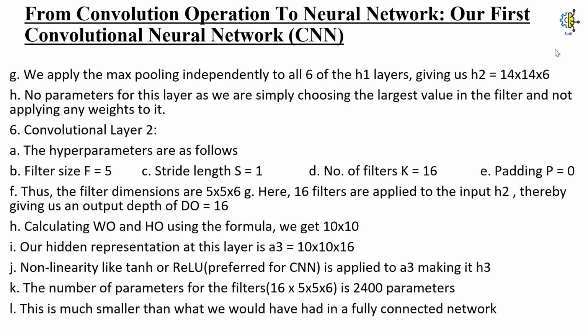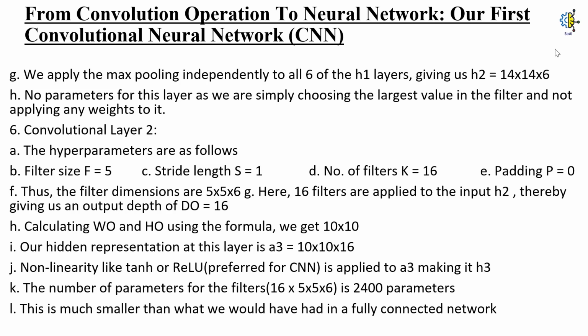Convolutional layer 2. The hyperparameters are as follows. Filter size f is 5, stride length is 1, number of filters k is 16 and padding is 0. Thus, the filter dimensions are 5 into 5 into 6. Here, 16 filters are applied to the input H2, thereby giving us an output depth D node which is 16. Calculating W node and H node using the formula, we get 10 by 10.